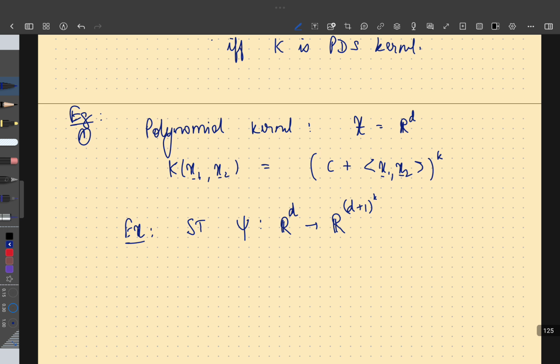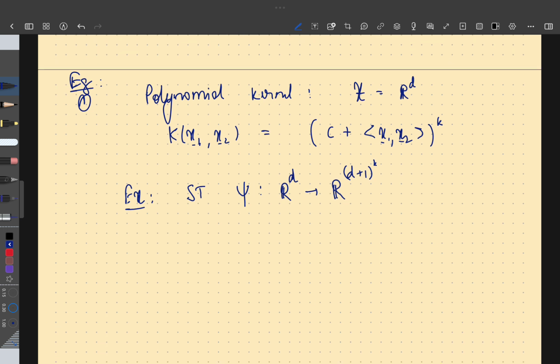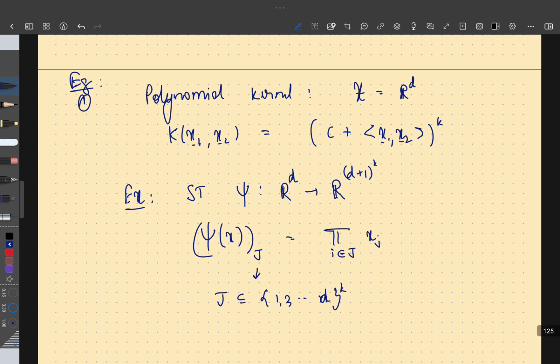Alright, so it's a much higher dimensional space where the components of psi are indexed by all possible subsets of size at most k, with products like x_i x_j x_3.